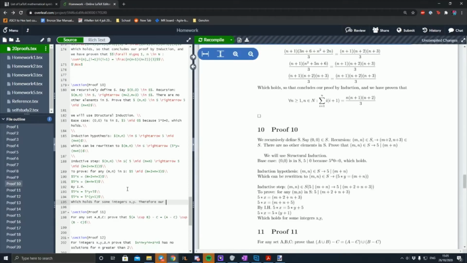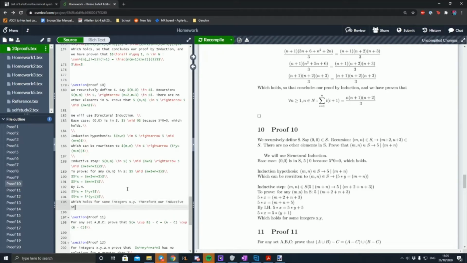Therefore, our inductive step holds and our proof by structural induction is complete.